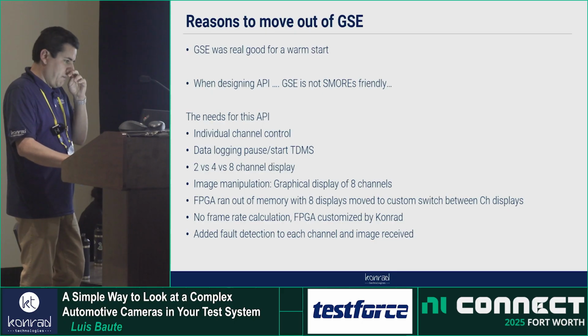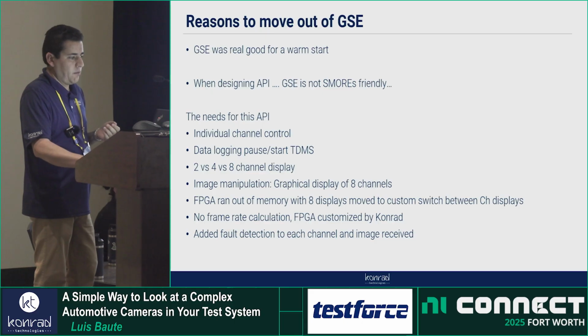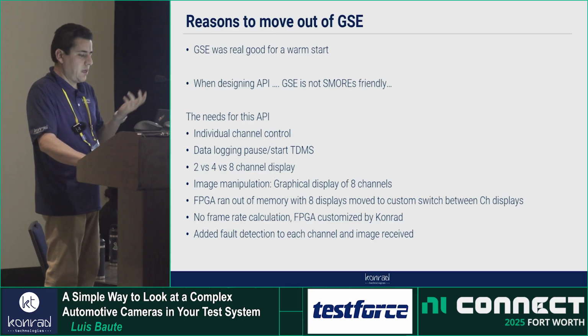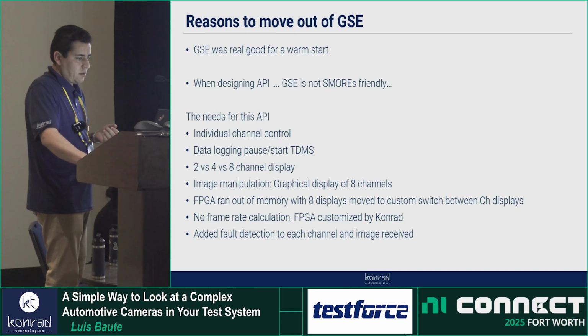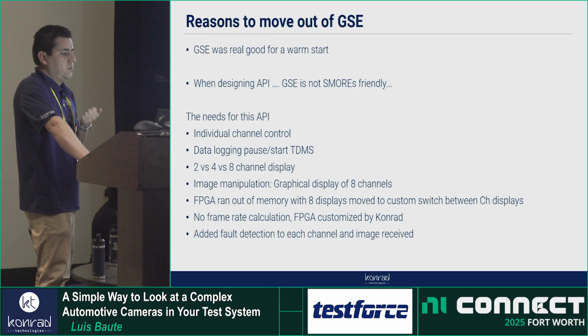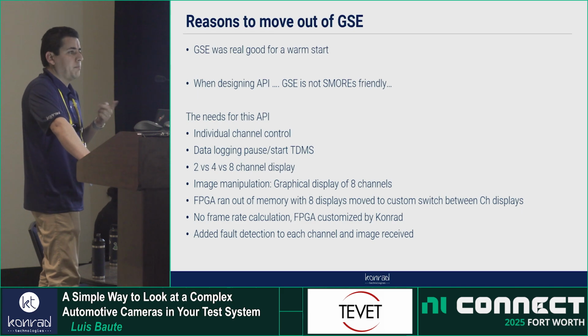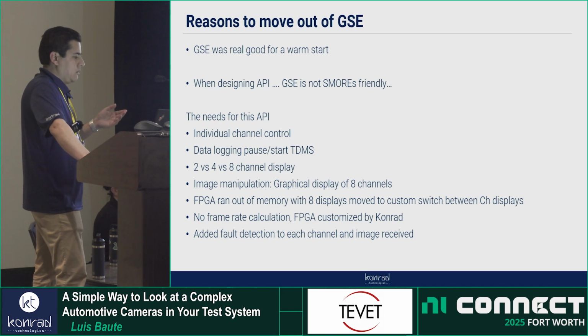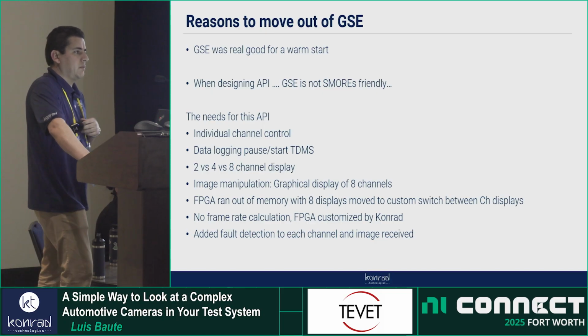And we ended up creating the API, and we also list here the reasons why we moved out of the getting started example: it's not as user friendly as we saw before. It was really good to start, but we needed to log the data. Also, we needed to be able to pause the logging, because imagine logging 24 cameras at 4K, your hard disk gets filled really fast.